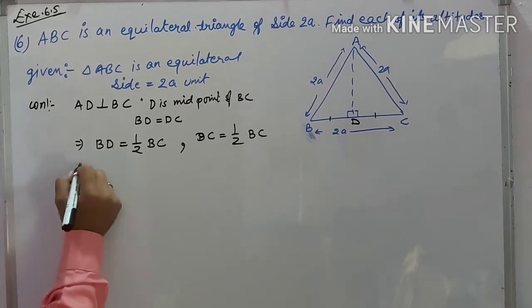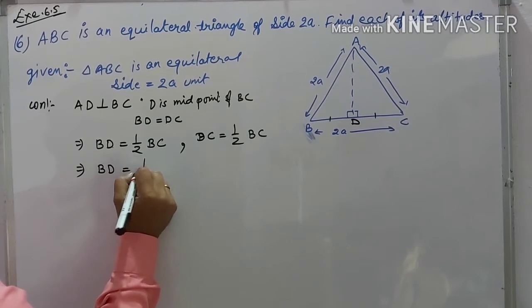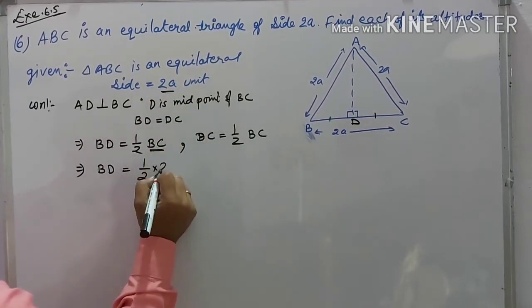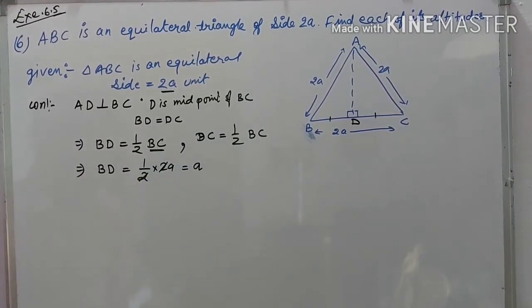Then we find the value of BD, which is equal to 1 upon 2 into BC. The value of BC is 2A, so the answer is only A.